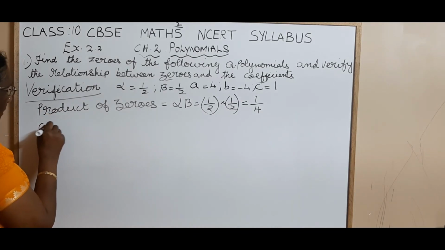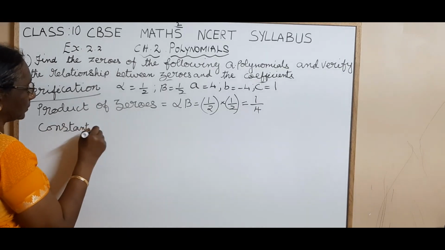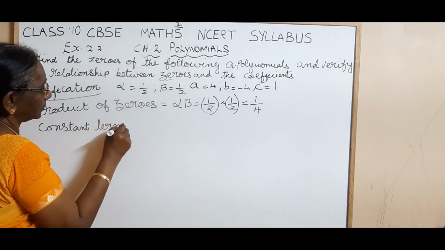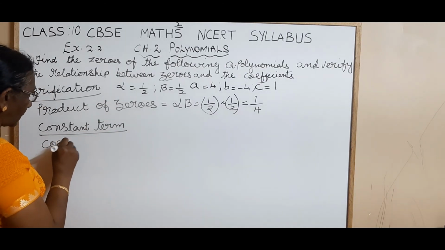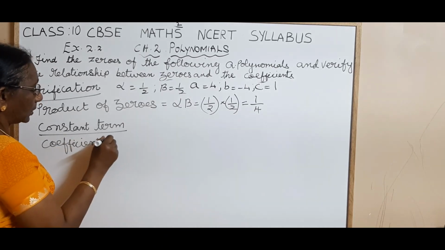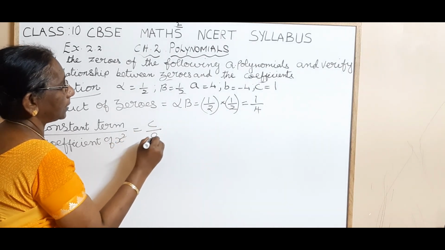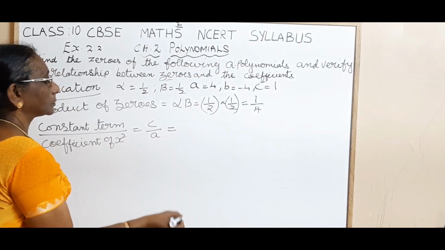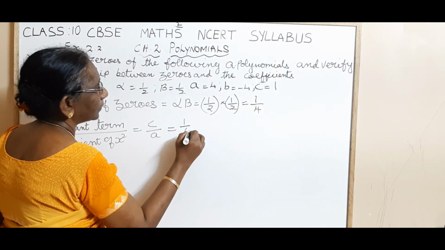For the constant term by x square, that is c by a. What is c? 1. So 1 by 4.